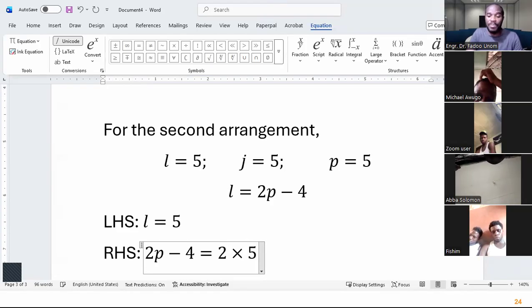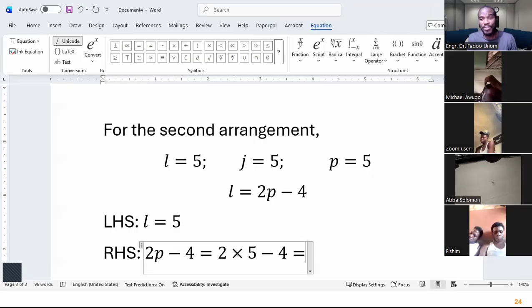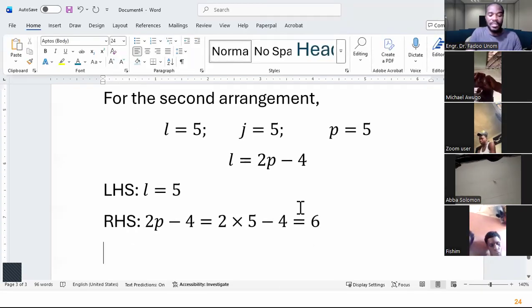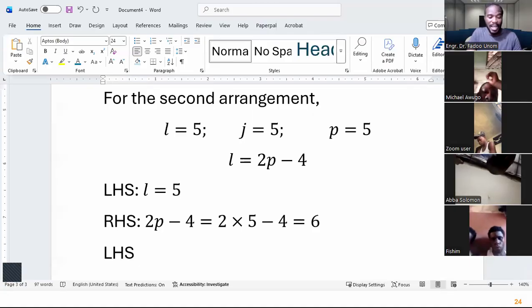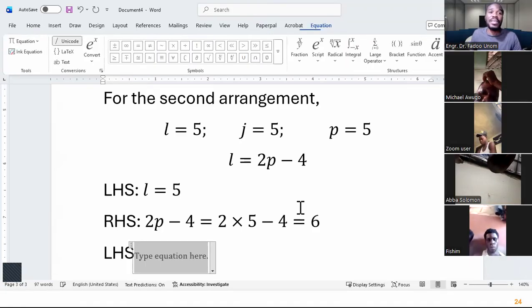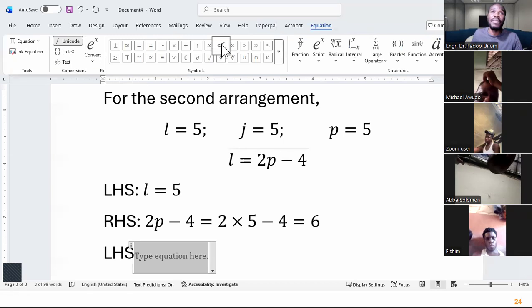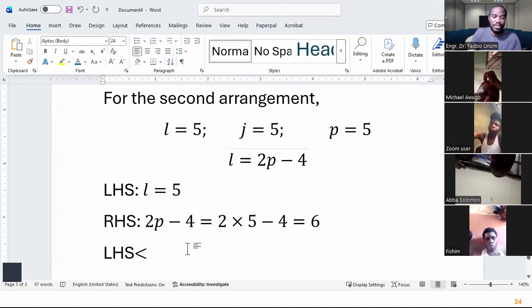There are 5 P's, and we want to subtract 4 out of that. Okay, 2 times 5 is 10. If you subtract 4 from 10, you would have 6. 6. Very, very interesting. So in this instance, the left-hand side is less than the right-hand side because 5 is smaller than 6.